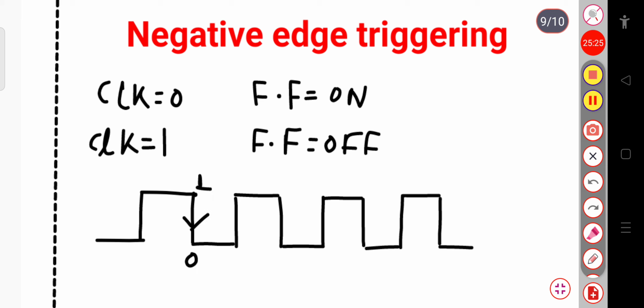We can go like this, 0 to 1, then like this. This is actually the wave direction.